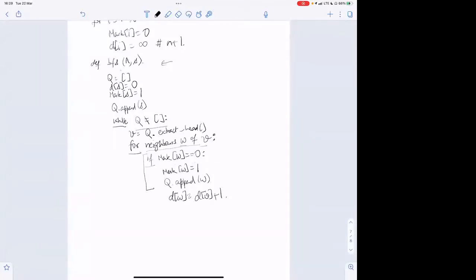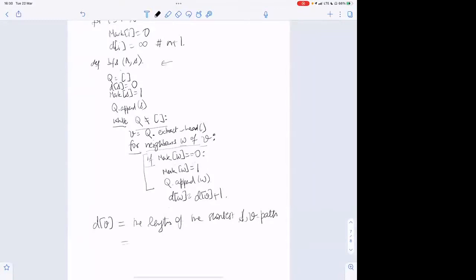Their neighbors will get distance 2 and so on. So dV will be equal to the length of the shortest S comma V path.